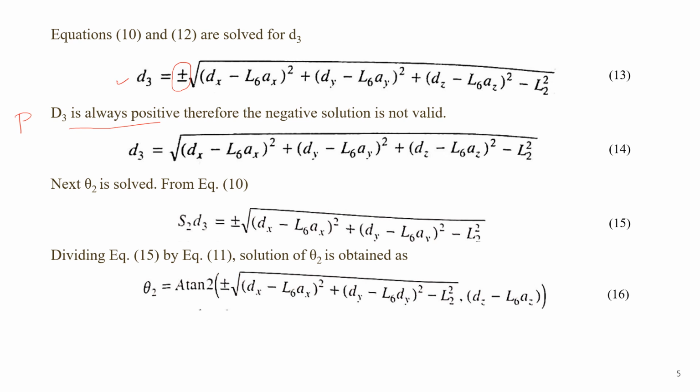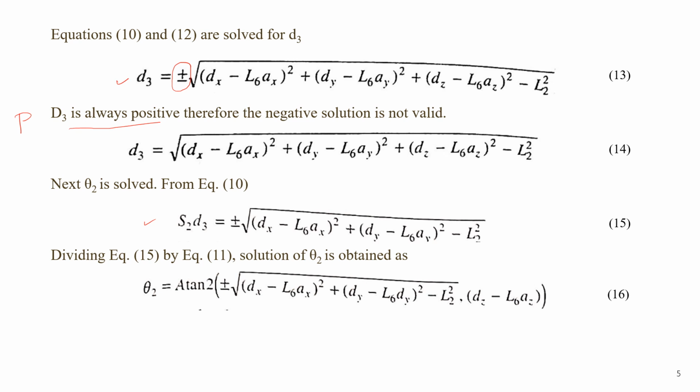Okay. Now we have solved for D3, and we will try to solve for theta 2. Right. So from equation 10, we will be getting S2 D3 is equal to plus or minus root of dx minus L6AX the whole square plus dy minus L6AY the whole square minus L2 square. Dividing this equation by equation 11, as it was C2 D3, D3 is now known to you, right?